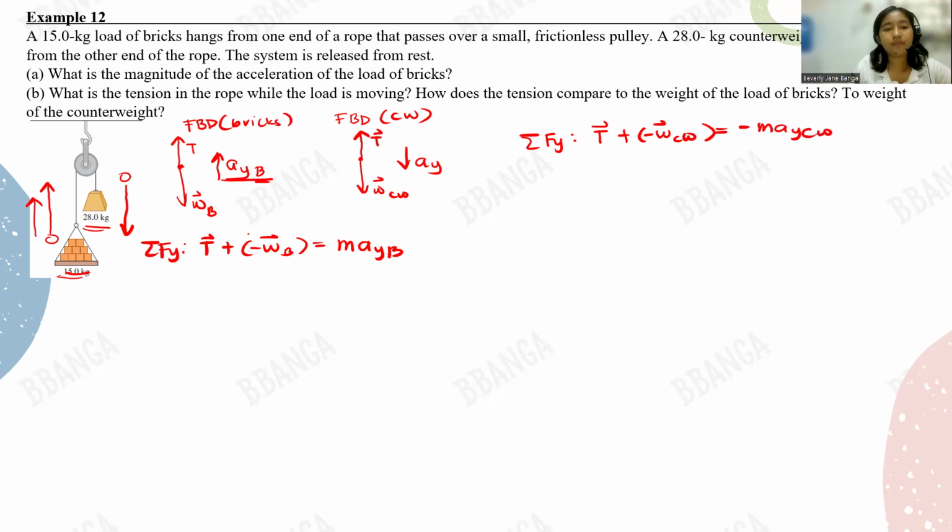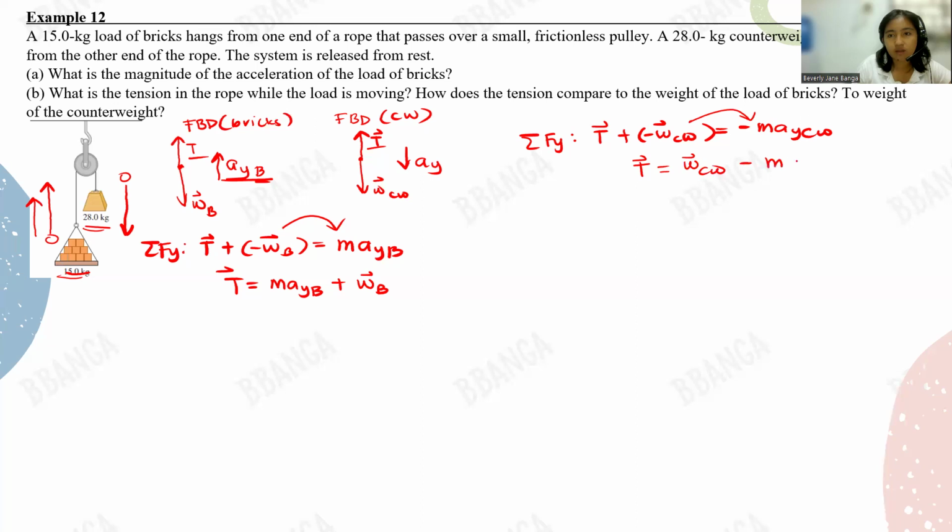Okay, so ang alam natin, same yung tension nilang dalawa kasi nga they share the same rope. So, i-transpose ko to sa kabila. So, I have T is equal to M AY B plus weight of B. And then, yung isa naman is tension is equal to weight of the counterweight minus M AY of the counterweight. So, C na lang ilalagay ko, per counterweight.